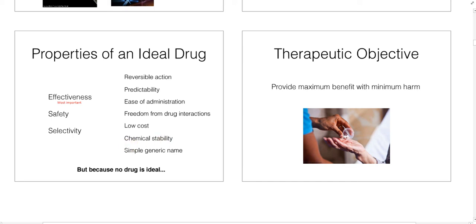Chemical stability: is this drug going to change as it sits on the shelf or while it's in the patient's belly? And then a simple generic name helps a lot towards identifying medications and communicating about those medications to patients or in the interprofessional team.